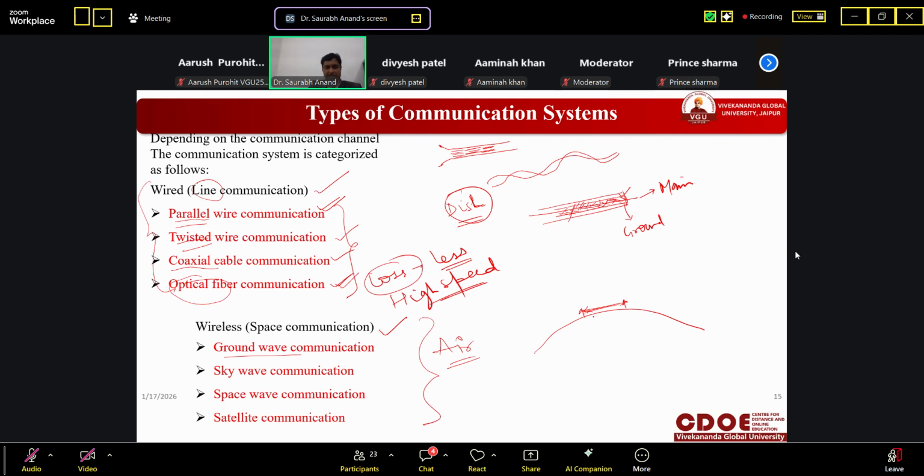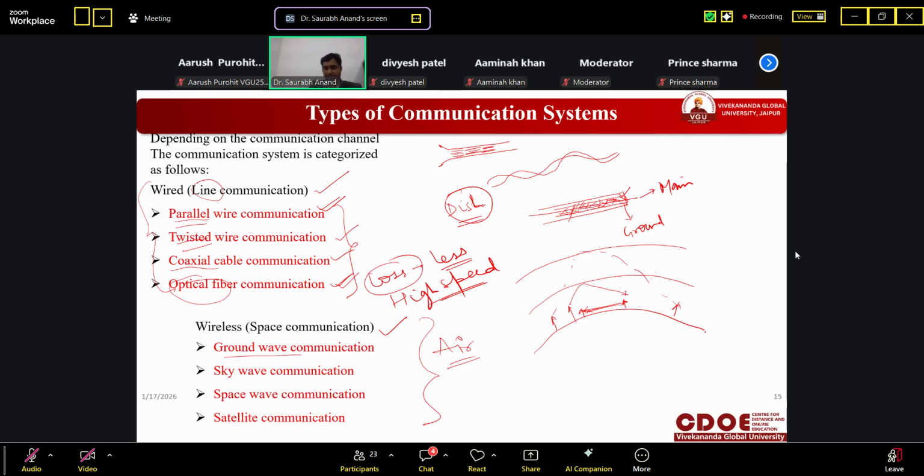And sky wave means this is the layer through which the signal will be reflected back to the transmitter side. Space wave, the above height. It is transmitted higher because we want to send at longer distance.